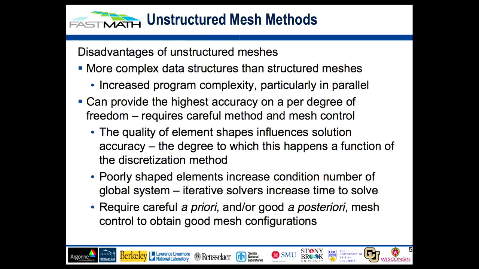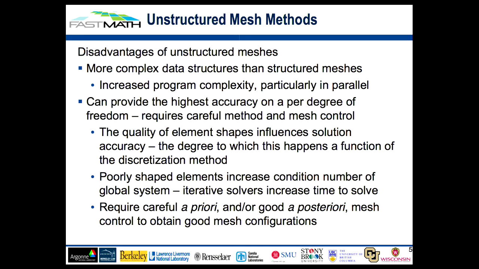What are the disadvantages? Their disadvantages are why we have a whole team of people working on unstructured meshing technologies: they are more complex to deal with. They have more complex data structures, and more complex algorithms to deal with the data in any effective manner, particularly on parallel computers.